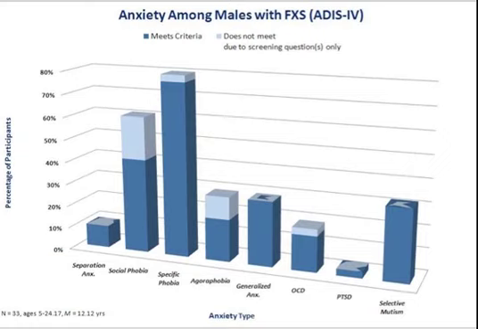So if we were to take out that requirement of those screening questions and having to say they're anxious, a great many more would meet criteria for these anxiety disorders. It's also interesting that a large portion, almost 30%, meet criteria for selective mutism, which is not very common in the population, and that's a complete refusal to speak in social situations.